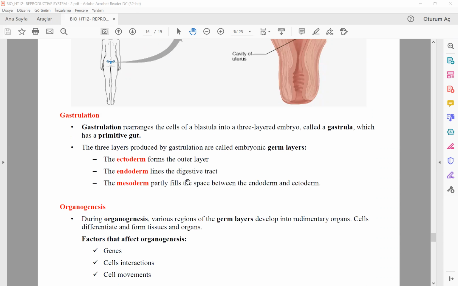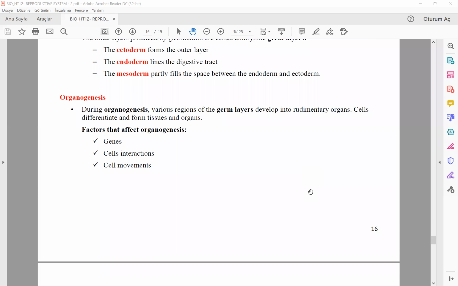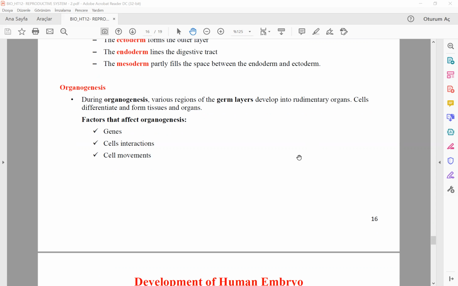In gastrulation, the ectoderm forms the outer layer, the endoderm lines the digestive tract, and the mesoderm partly fills the space between endoderm and ectoderm. After that, organogenesis occurs, and during organogenesis various regions of the germ layers develop into rudimentary organs. Cells differentiate and form tissues and organs, and factors that affect organogenesis are genes, cell interactions, and cell movements.